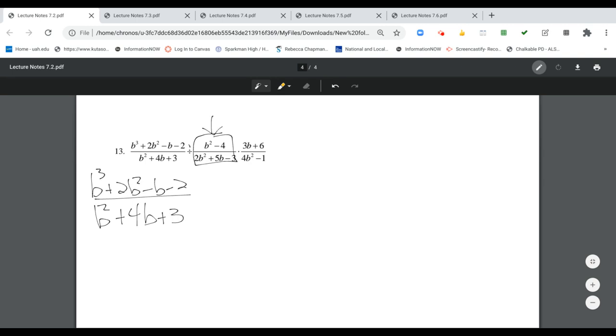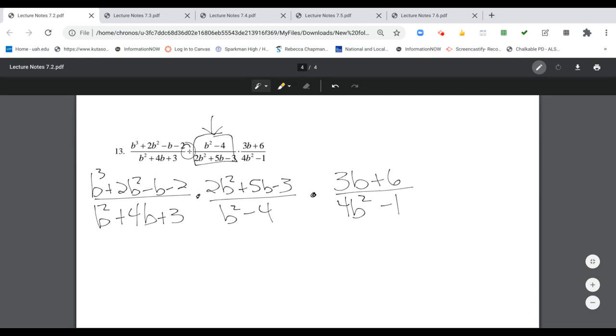I'm going to flip this one because it follows a division symbol. So 2b squared plus 5b minus 3 all over b squared minus 4. I'm not going to flip the last fraction because it does follow a multiplication symbol. So I only had to flip the middle problem.